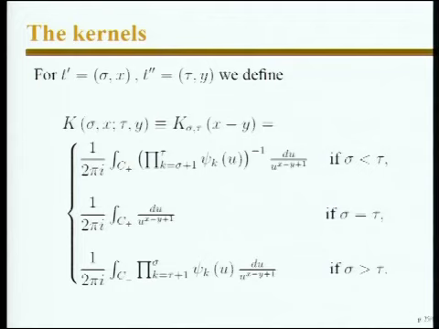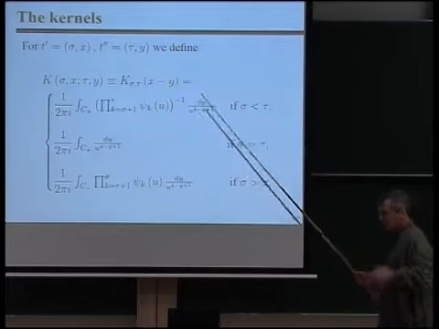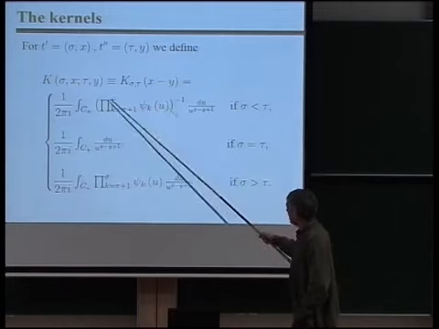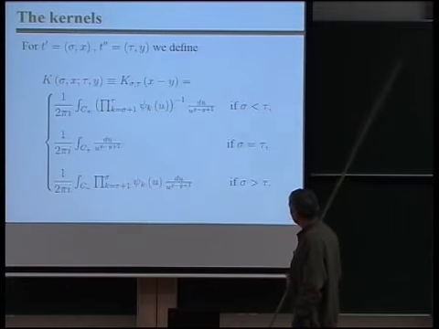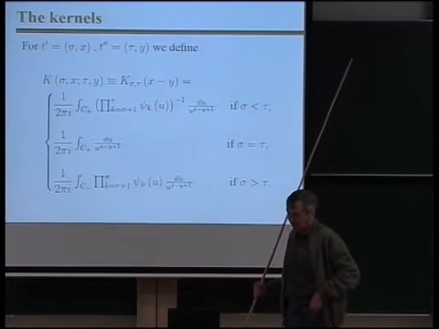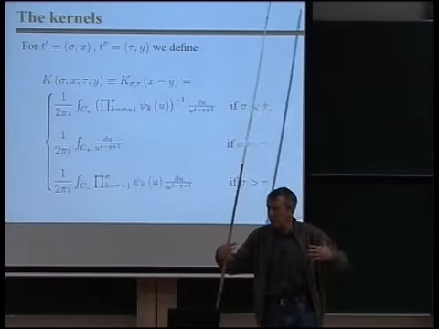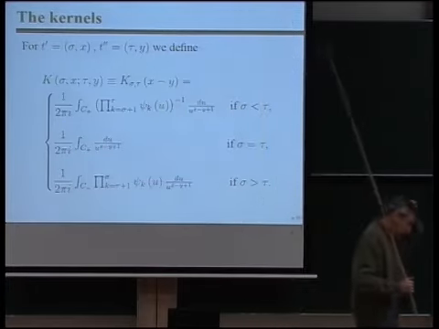And you see that you have to pass by the origin from the positive side for half of those infinitely many integrals, and from the negative side for the other half. So this is the family of kernels that we are able to treat.